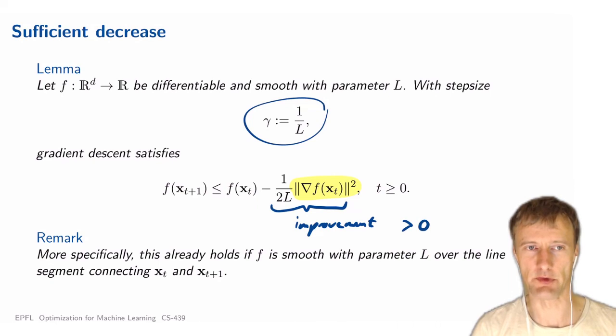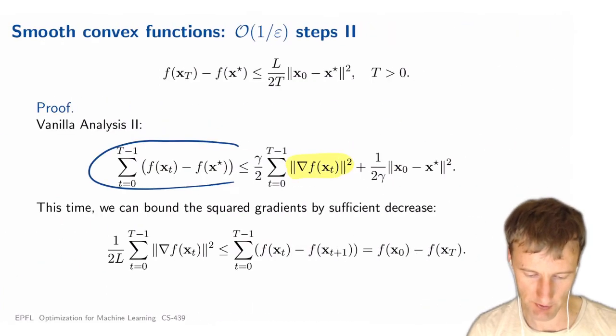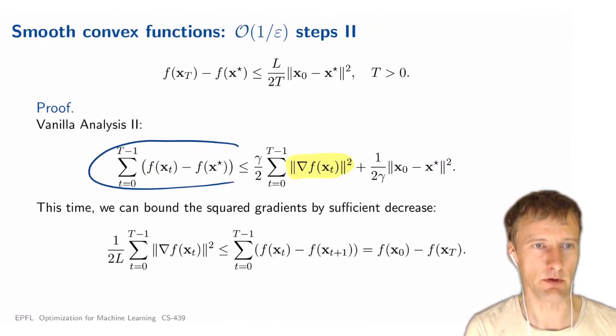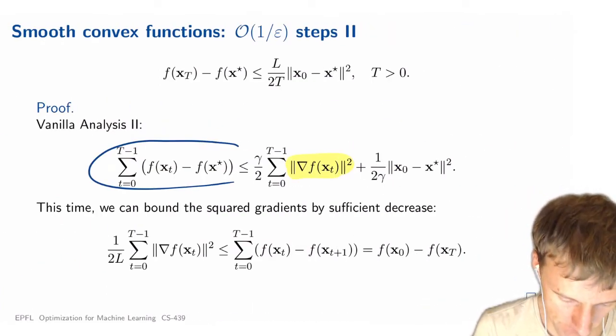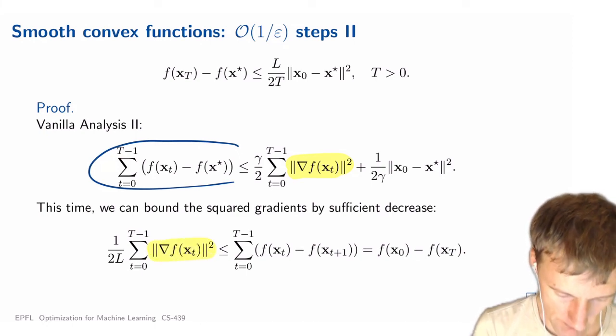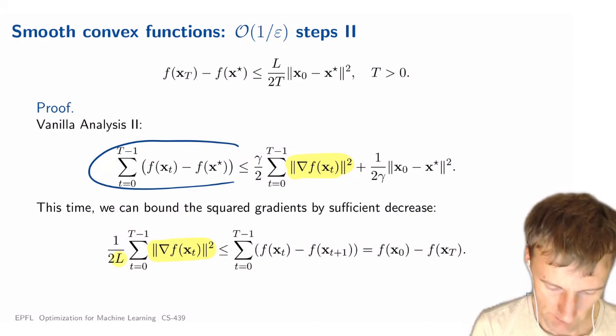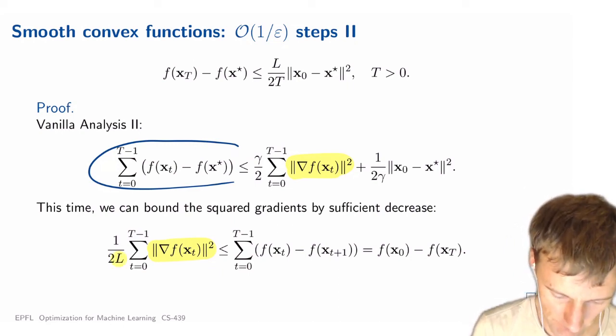I'm going to take the gradient norm squared to the left side, and it's smaller than f(x_t) minus f(x_{t-1}), plus 1 over L times the gradient norm, that I claimed.